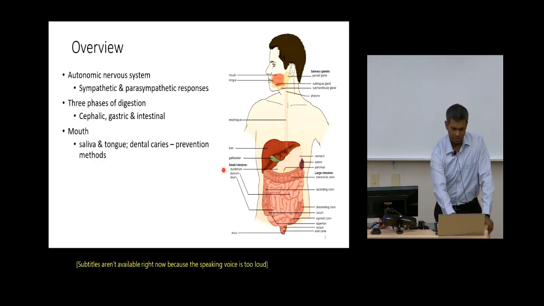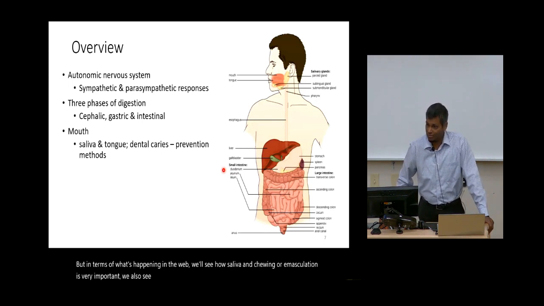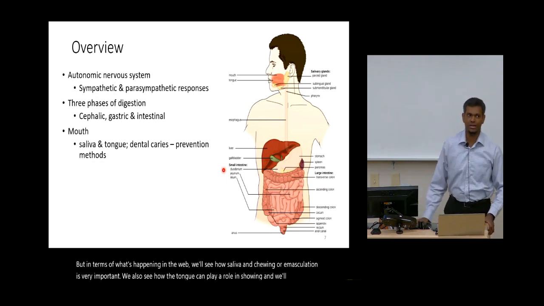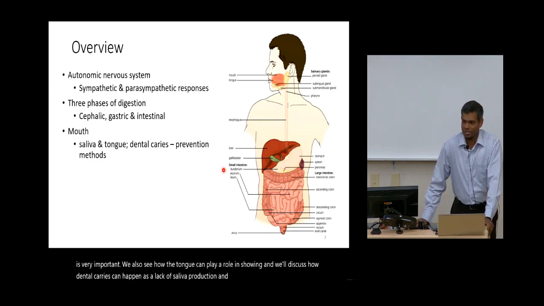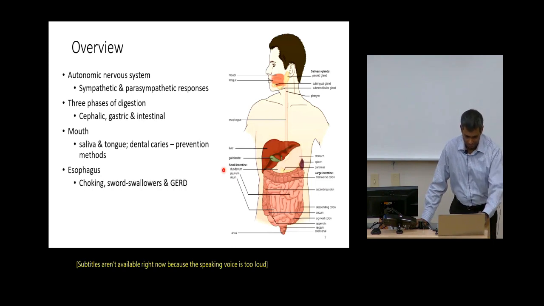But in terms of what's happening in the mouth, we'll see how saliva and chewing or mastication is very important. We'll also see how the tongue can play a role in chewing, and we'll discuss how dental caries can happen as a result of a lack of saliva production, and we'll see what some methods are which can be used to prevent dental caries.